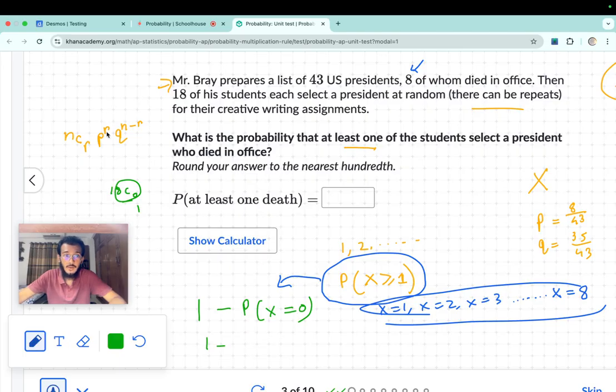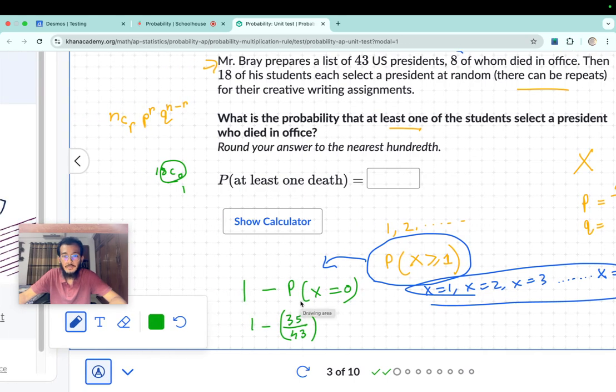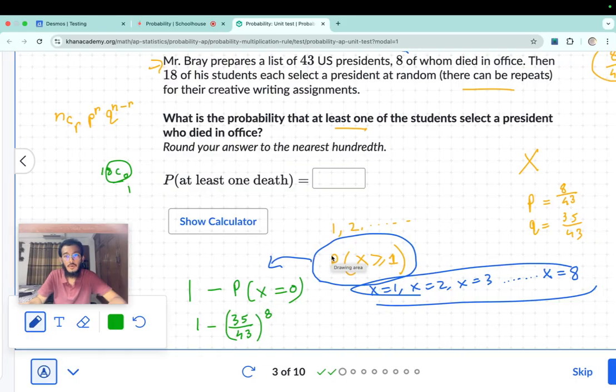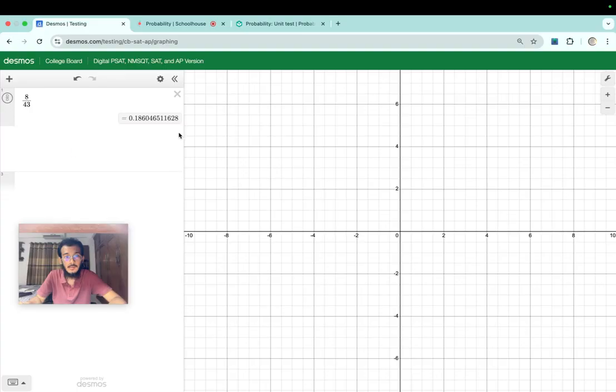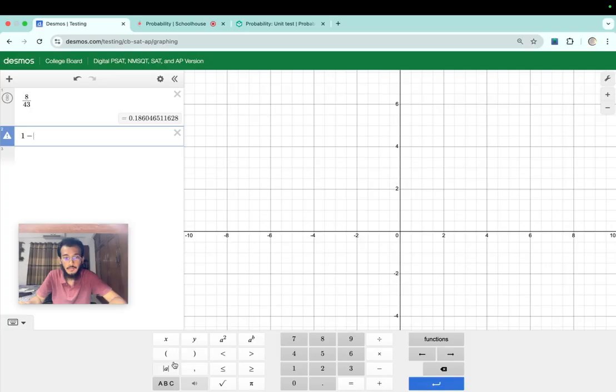Again, because r is 0, anything to the power 0 is 1, but you have q to the power n minus r, which means our q is 35 divided by 43, raised to the power 18, because there can be repeats. So 1 minus 35 upon 43 to the power 18.